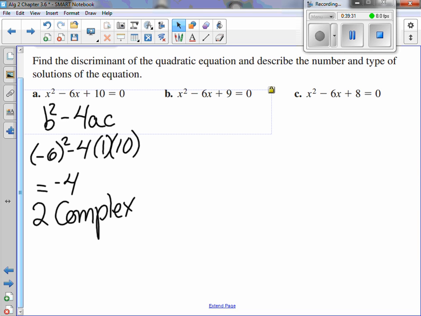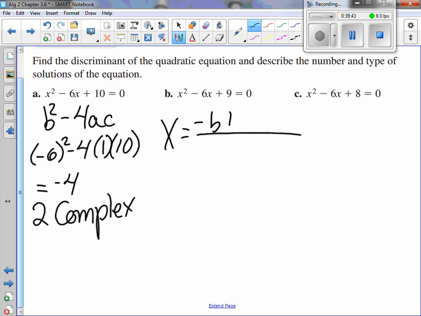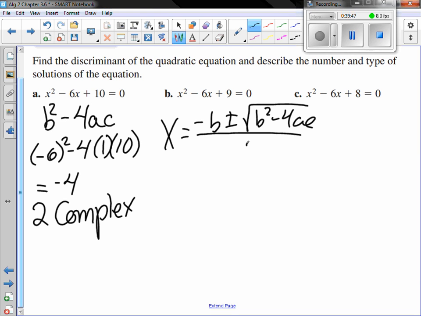Now, most likely the homework is going to ask for this to be solved. So using x is equal to negative b plus or minus the square root of b squared minus 4ac all over 2a. Well, negative b in our case would be negative 6, which would be 6 plus or minus.